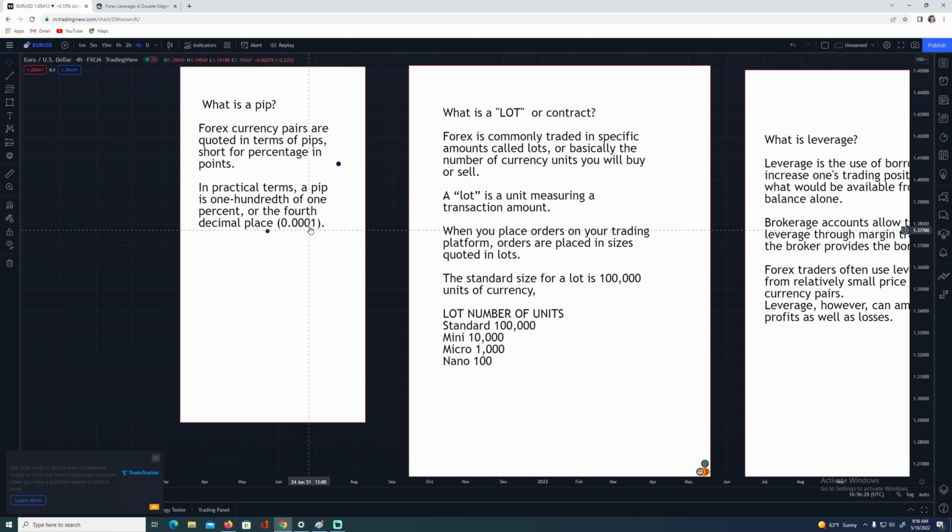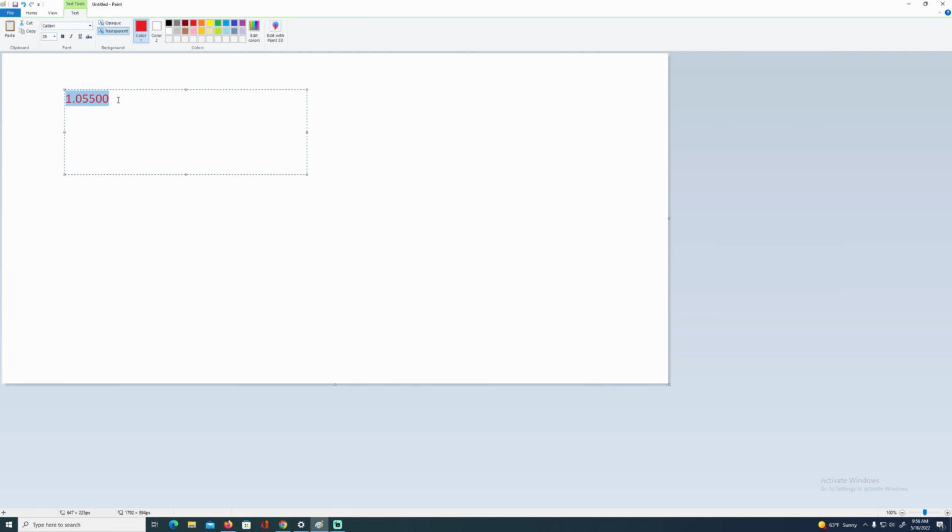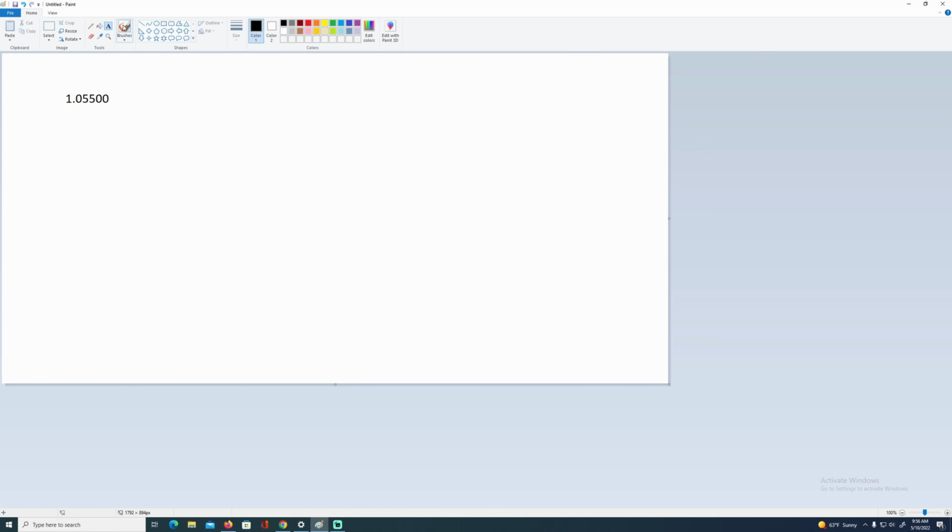This is the 1 pip unit. So if we go back to Paint, in this example we move 1, 2, 3, 4, and now this will be our single unit of pip.